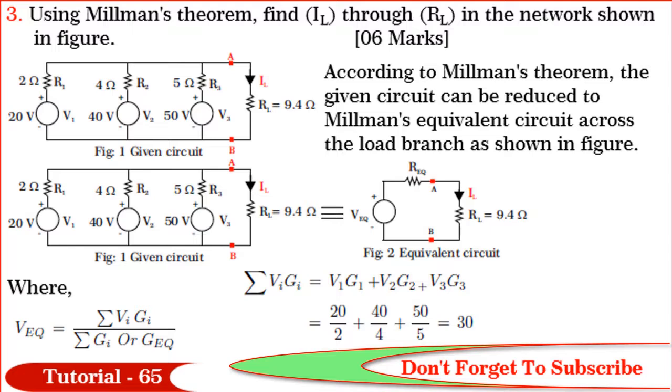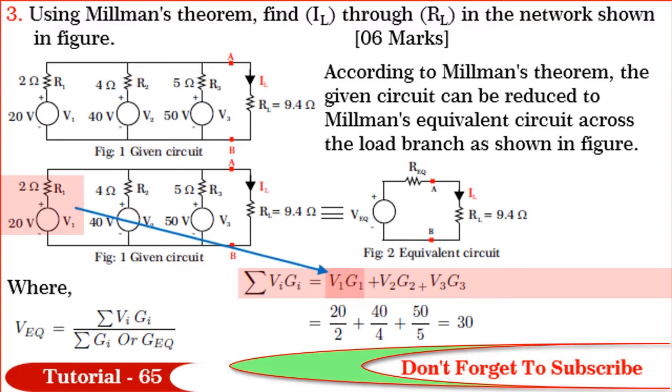We know that according to Millman's theorem, the given circuit can be reduced to, which I call Millman's equivalent circuit across the load branch as shown in figure, where V equivalent is equal to summation of VI GI divided by summation of GI, and in our circuit, summation of VI GI is equal to V1 G1 plus V2 G2 plus V3 G3.